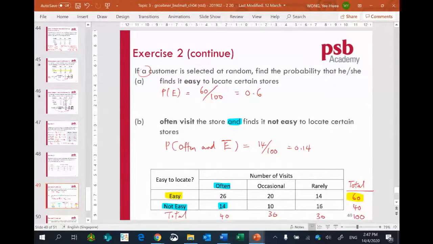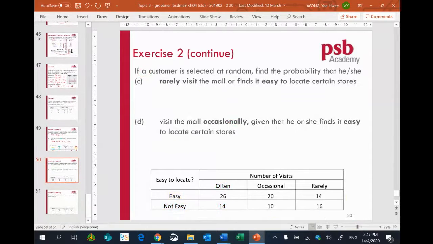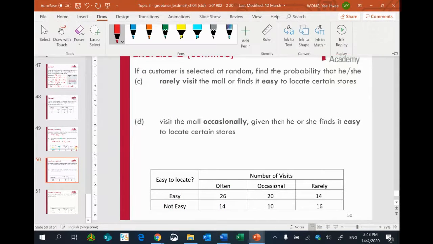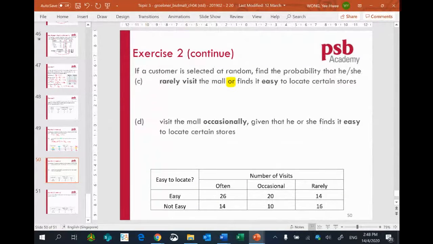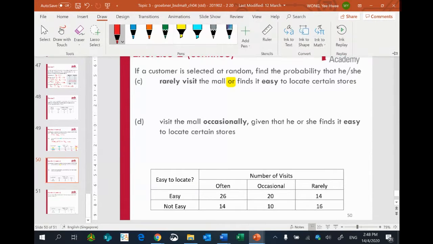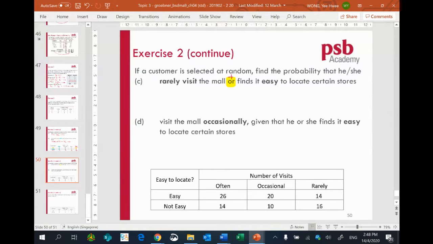If you're done, move on to the next page. Next one. Or. What are you going to do with or? You're going to add, right? Okay, so you have two things here. Rarely and easy.